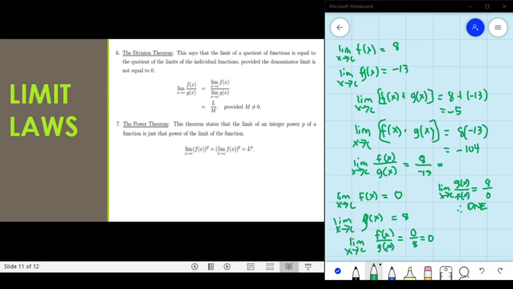Next we have the Power Theorem. This theorem states that the limit of an integer power p of a function is just that power of the limit of the function.